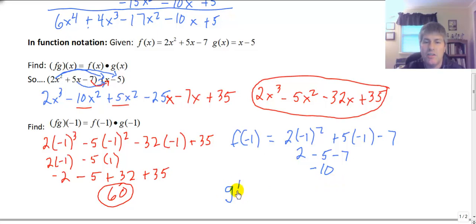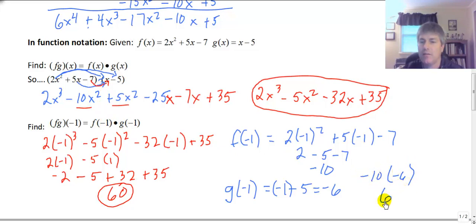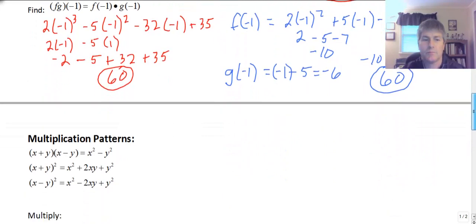And g of negative 1 is negative 1 minus 5, which is negative 6, and we're instructed to find f of negative 1 times g of negative 1, so that's negative 10 times negative 6, which is positive 60. So we get the same result either way.